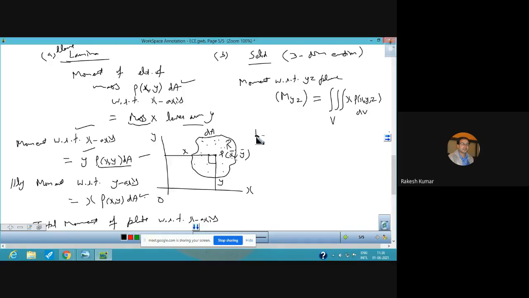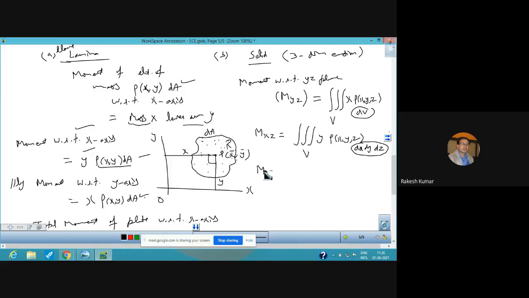Similarly, the moment about the xz plane is M_xz, that is the triple integral over V of y rho(x, y, z) dx dy dz, because dV is the same as dx dy dz, that is the total volume.